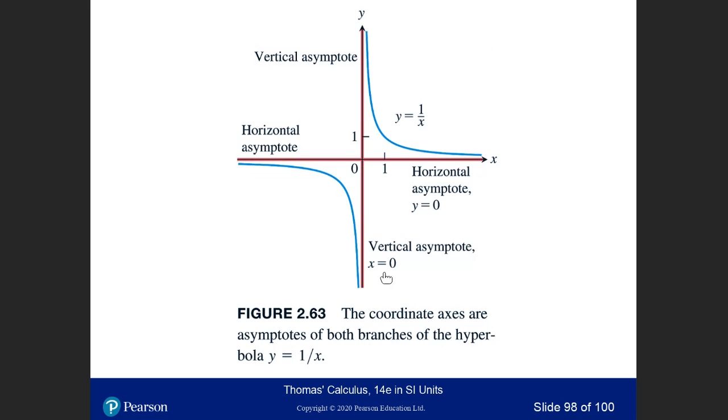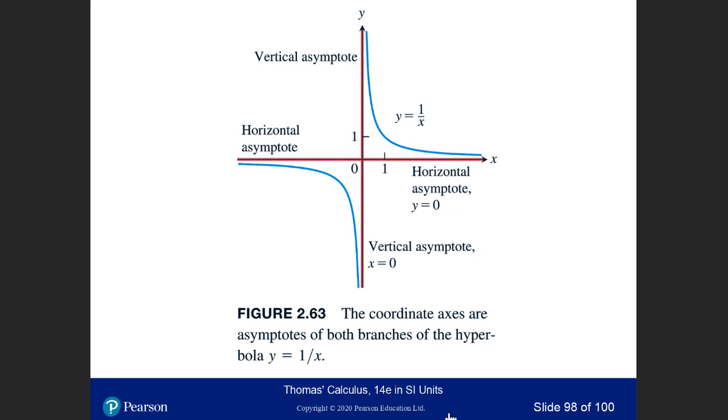Okay, now we give a special name for these limits, and we call them vertical asymptote. So it's different from horizontal asymptote.